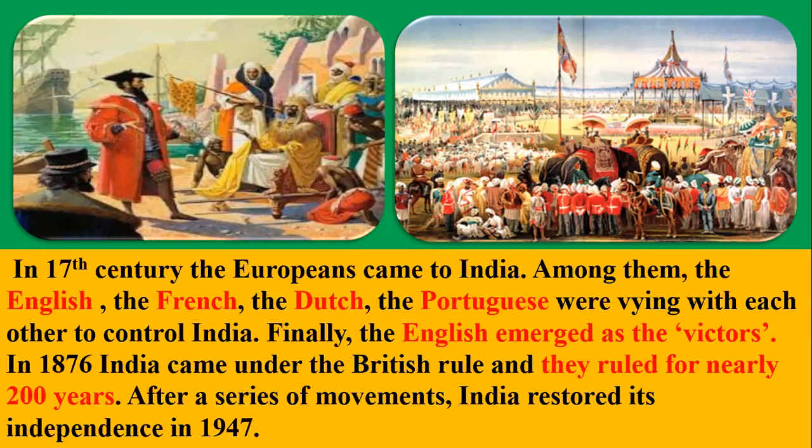Among them, the English, the French, the Dutch, and the Portuguese were vying with each other to control India. Finally, the English emerged as the victors. They came under British rule and ruled for nearly 200 years. After a series of movements, India restored its independence in 1947.